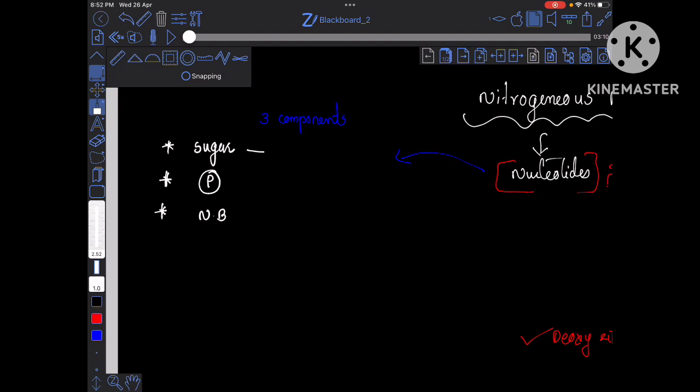The sugar residues are of mainly two types: deoxyribose sugar and ribose sugar. Deoxyribose sugar, as the name indicates, is present in DNA. Ribose sugar is present in RNA.